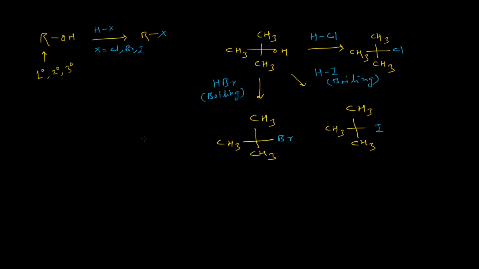The mechanism is obviously SN1. If we quickly look at the mechanism, it will be helpful for you. The first step is obviously the protonation of this OH group, thereby transforming it into a better leaving group.